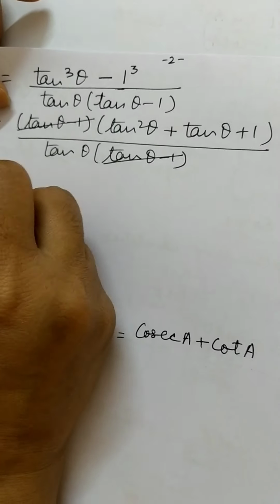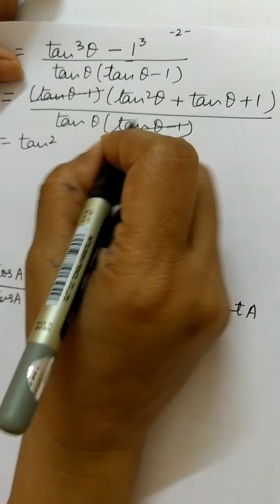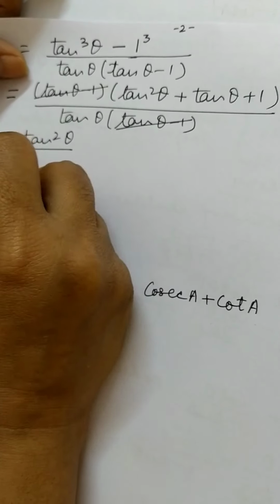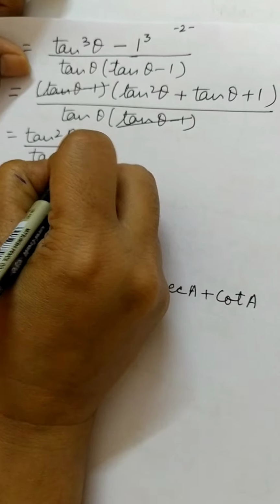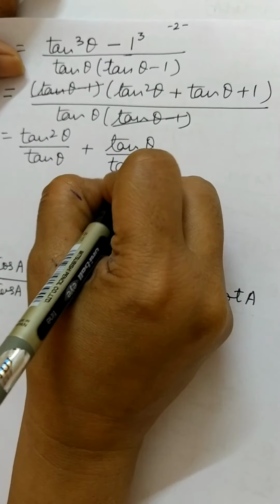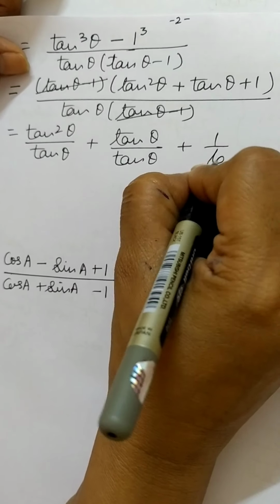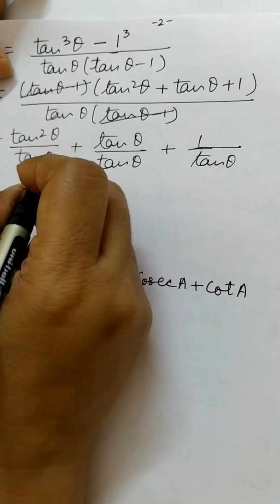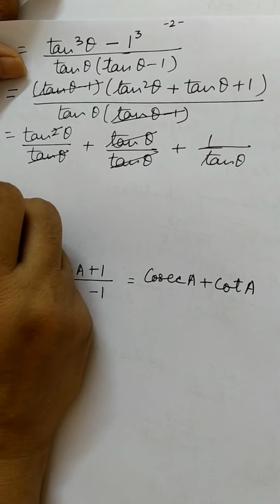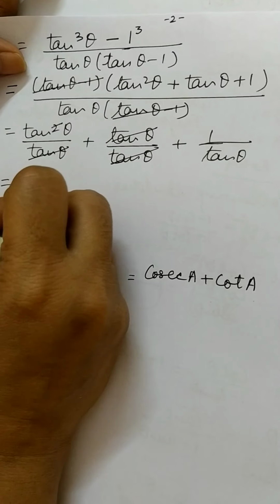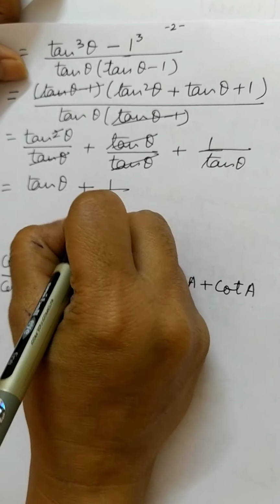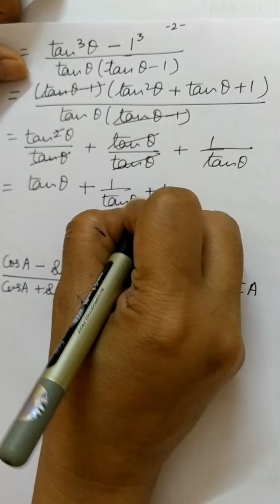If we take tan theta separately as the denominator of these three terms, we get tan square theta upon tan theta plus tan theta upon tan theta plus 1 upon tan theta. We are left with tan theta plus 1 upon tan theta plus 1.